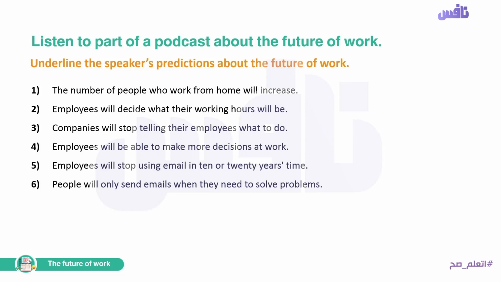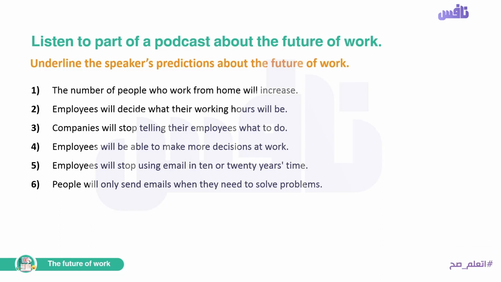Companies will stop. الشركات سوف تتوقف عن telling their employees what to do. هيتوقفوا عن ايه؟ ان هم يدوا الامبلويز بتاعتهم يعني تعليمات ويقولوا لهم تعملوا ايه وما تعملوش ايه. Employees will be able to make more decisions. هيكونوا قادرين على ان هم يتخذوا قرارات اكثر، اللي هم مين؟ الموظفين at work.